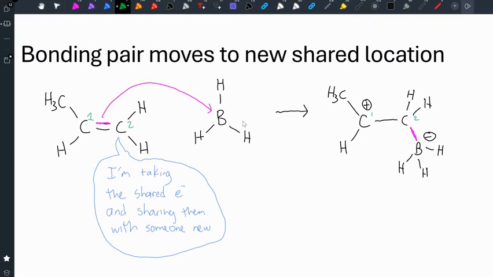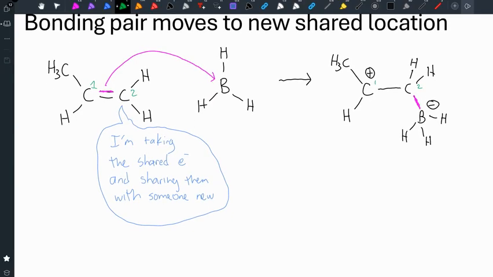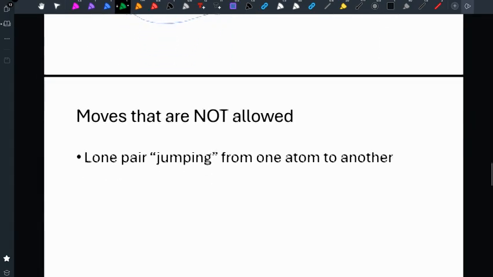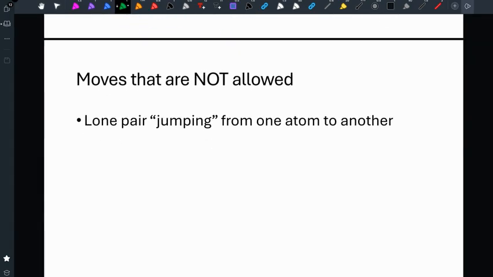So that's it. Those are your only three kinds of allowed curved arrows. Let me show you some of the abuses, some of the bad moves that people will try to do sometimes. And I would say the key is that electrons are not getting transferred in any of these reactions.